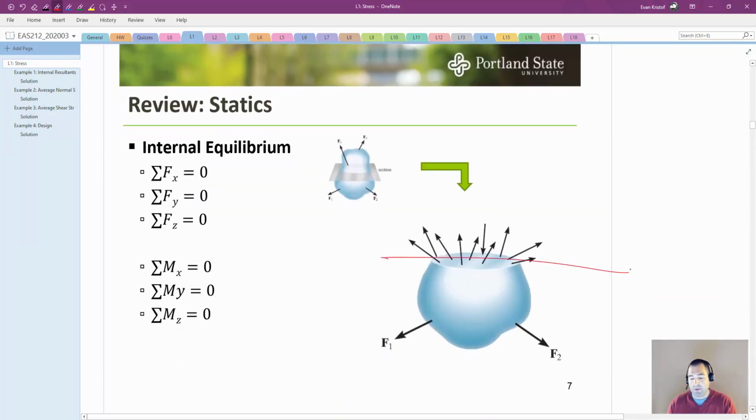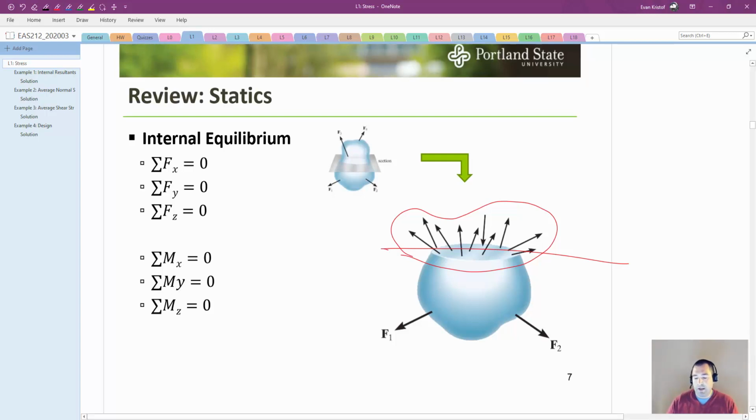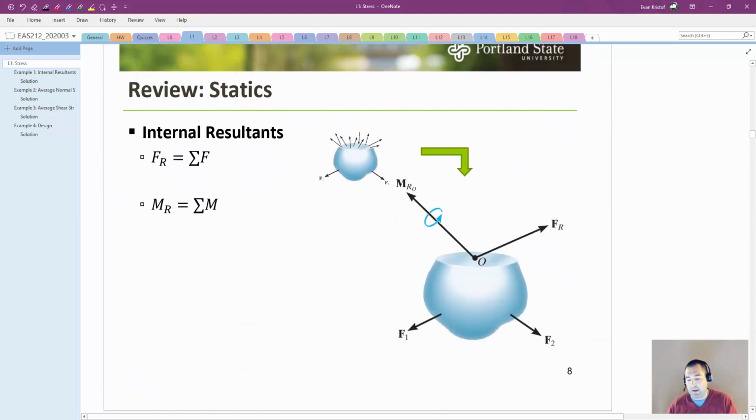So here's an example. We make that section cut through the body. Now in reality, the way that the forces and or moments are being transferred across that body, it could be a large array of differing vectors of forces, different directions, different magnitudes, spread out all over that section cut, and not necessarily spread out evenly, but different small amounts of forces all across. Well, in statics, we usually simplify this down into a resultant force and a resultant moment.